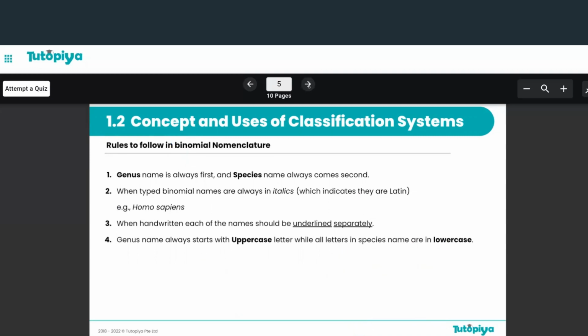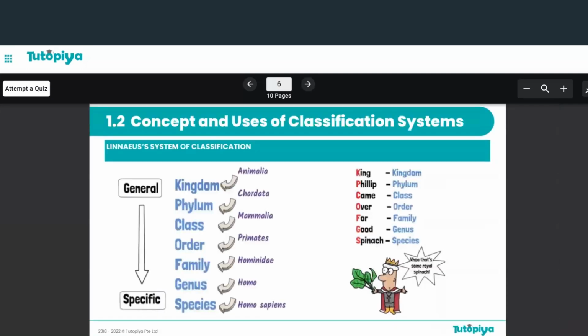All right. So I also mentioned earlier that Carolus Linnaeus introduced a successful system of classification, right? So let's take a look at his system of classification. This is called the Linnaean system of classification. So what he basically did was, he first took all organisms and divided them into kingdoms.